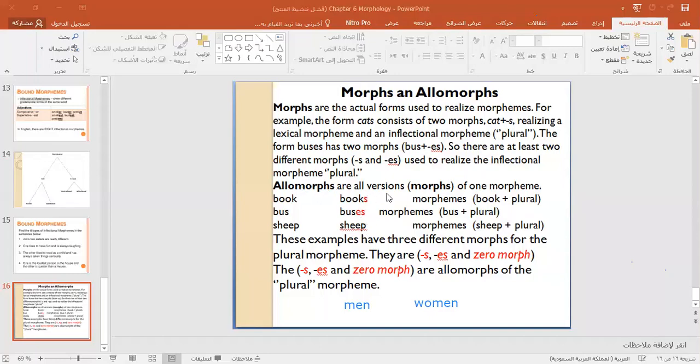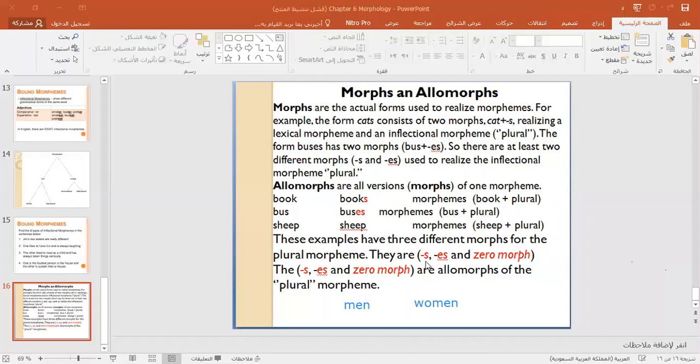I'm talking about allomorphs. We said allomorphs are all versions of one morpheme. So we have one morpheme, plural, in the three words. In books, we have the plural morpheme. In buses, we have the plural morpheme. In sheep, we have the plural morpheme. How is it represented? It has three versions, three realizations, three alternatives. In number one, we have s. In number two, we have es. In number three, it is zero.